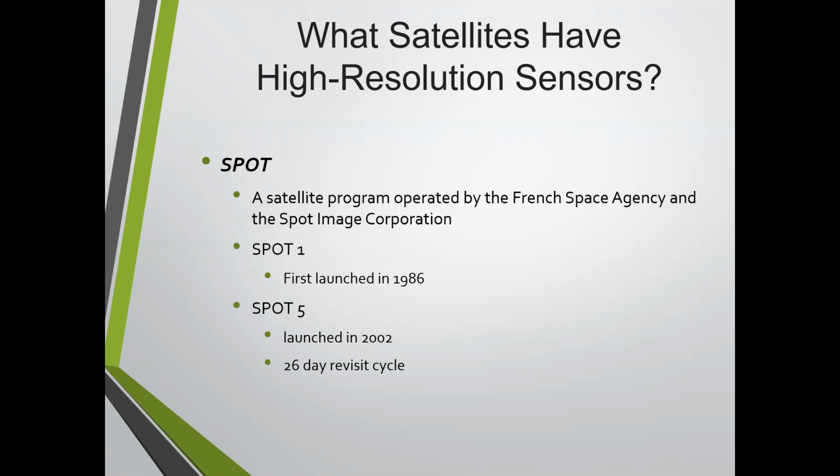These have a 26-day revisit cycle, so Landsat's is better by 10 days, 16-day instead of 26-day. But notice the resolution. That's 2.5 meter resolution, so that's way higher than anything that Landsat had, anything we've looked at so far. Think about that, 2.5 meters is a pretty small chunk of ground. That's a high resolution.